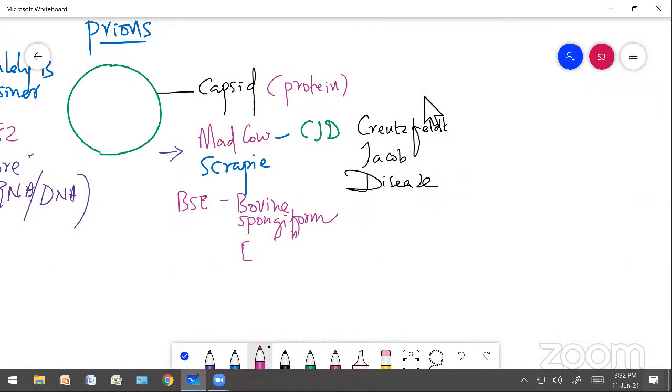Encephalopathy disease, right? So simply BSE, scrapie disease.